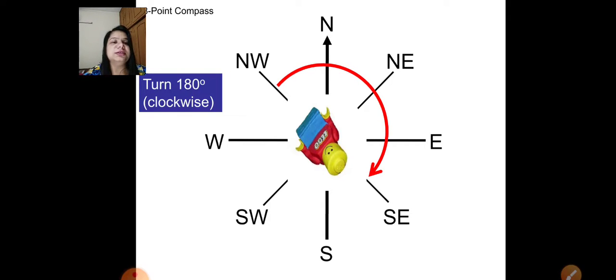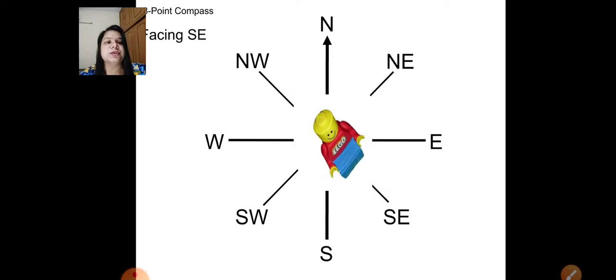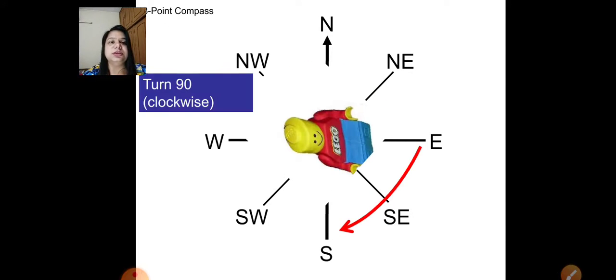Now northwest, again clockwise or anti-clockwise, it will be the same, right? So again 180-degree angle, if you turn clockwise or anti-clockwise, you can notice it will be the same. You will reach the same point when you turn 180-degree angle. Okay. So it will be facing southeast.